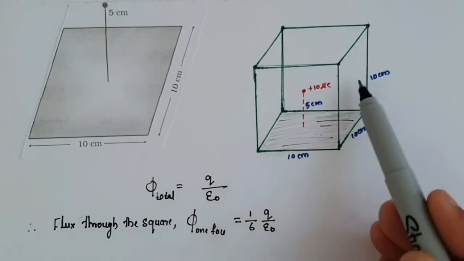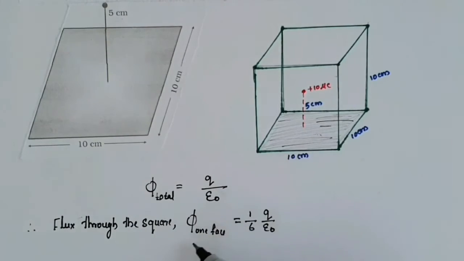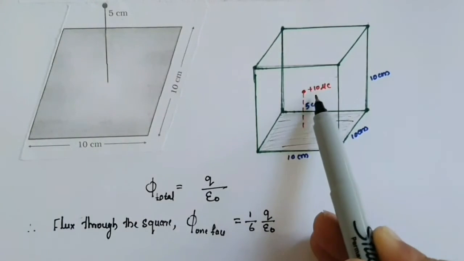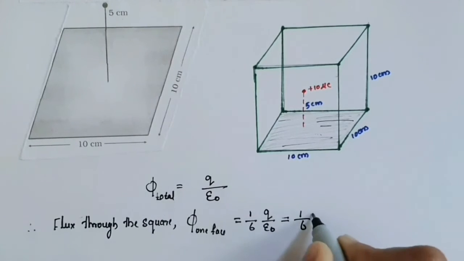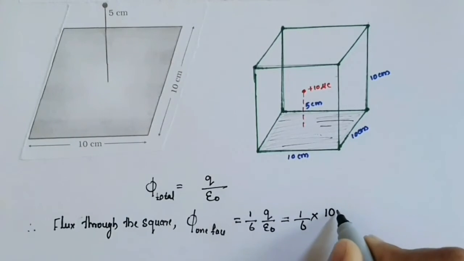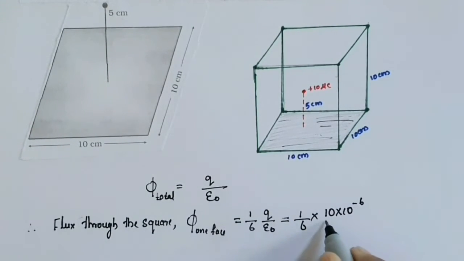Since a cube has 6 faces, flux through one face is equal to phi is equal to 1 by 6 of Q by epsilon 0. Now what is Q? It is 10 microcoulomb. So this is equal to 1 by 6 into 10 into 10 raised to minus 6 coulomb divided by epsilon 0, that is 8.854 into 10 raised to minus 12.